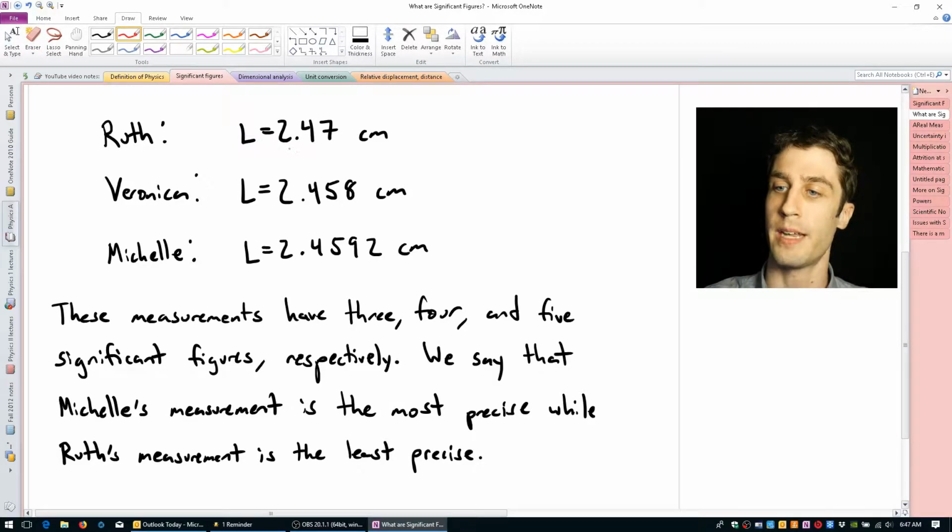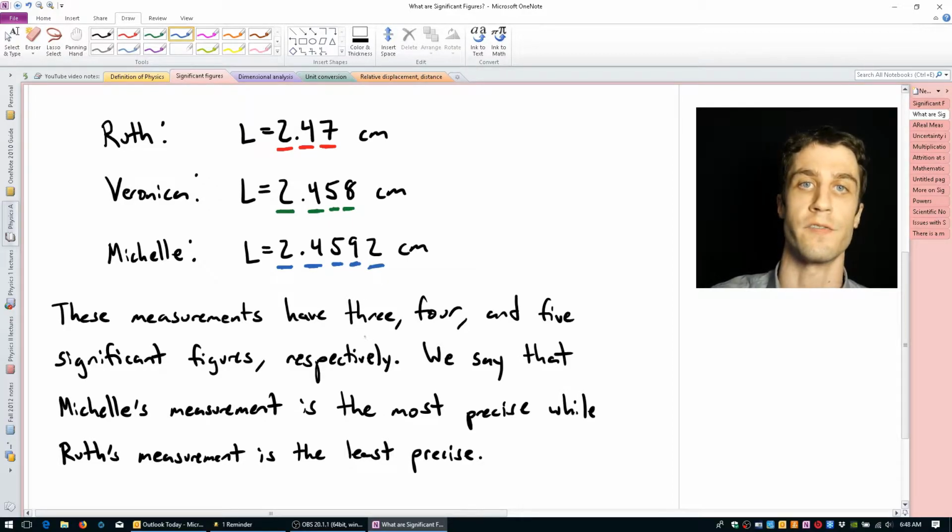Ruth's measurement has 1, 2, 3 significant figures. Veronica's has 1, 2, 3, 4 significant figures. And Michelle's measurement has 1, 2, 3, 4, 5 significant figures. So that's how I'm counting significant figures.